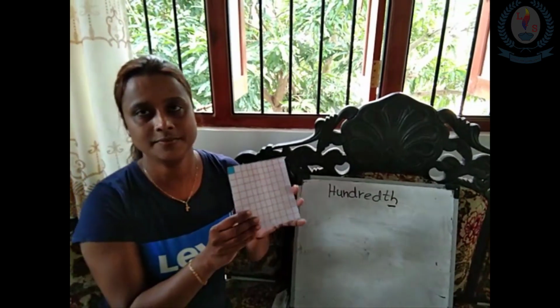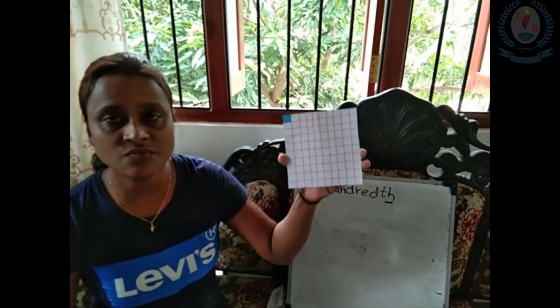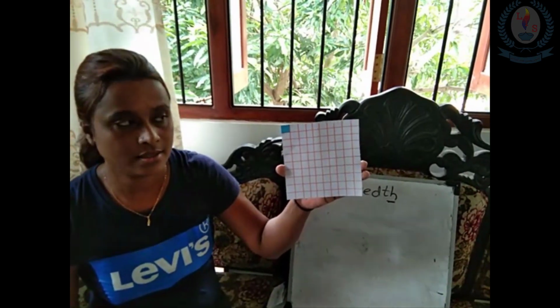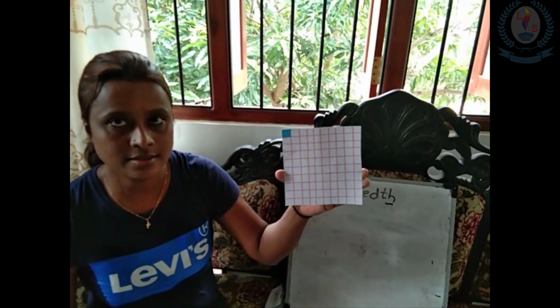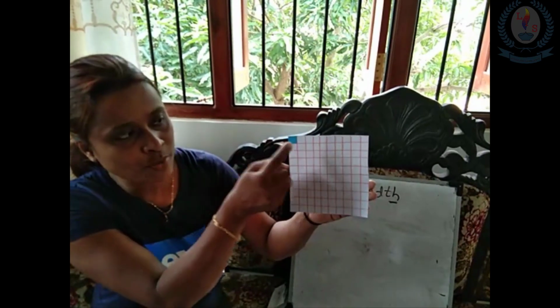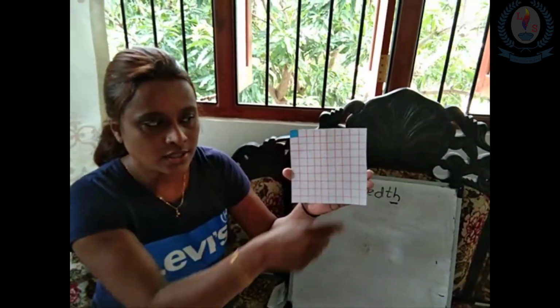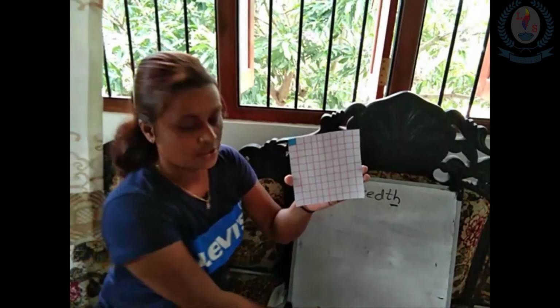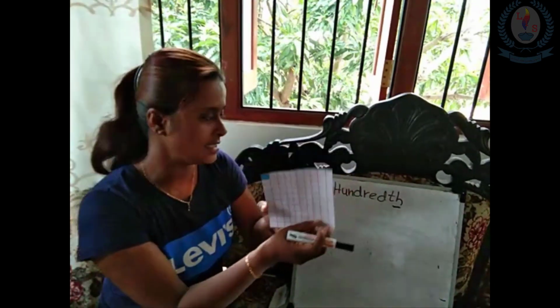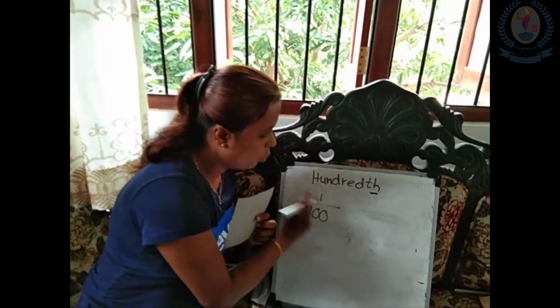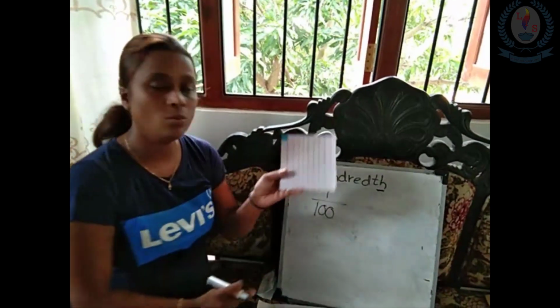Look at this figure. This figure is divided into 100 equal parts. There are 100 equal parts. Each part is called one hundredth. So the fraction from this figure we can write as 1 out of 100, one hundredth.